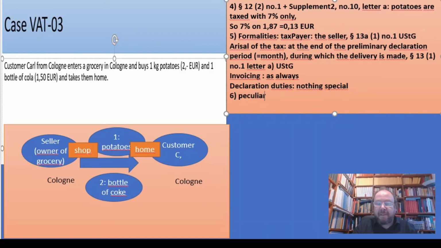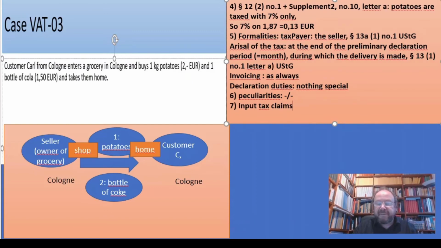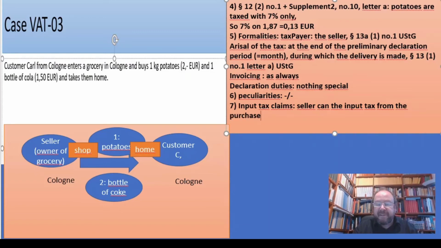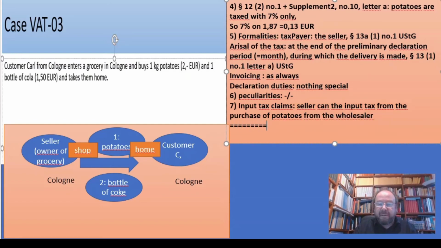Input tax claims: the seller can keep or claim, whatever it is, the input tax from the purchase of the potatoes from the wholesaler. Okay. This also should be looked up if we cited the right sources. So let's have a small break to do just the checking here.